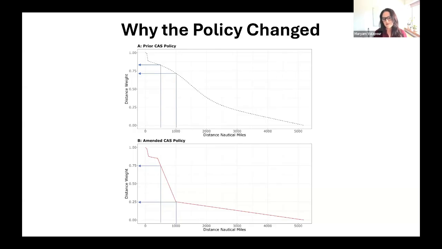And the second way this amendment works is that geographic efficiency also now contributes a larger proportion of the overall CAS. The rationale for this change was the growing inefficiency of the allocation system. Since its implementation, procurement travel distances have increased, and with that has come greater operational complexity.